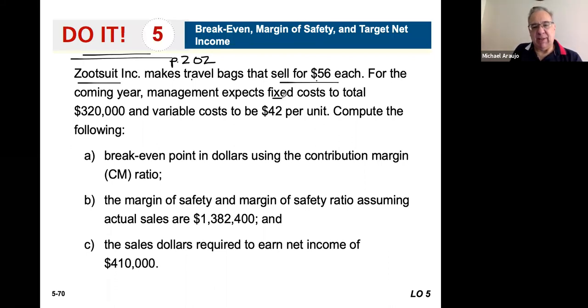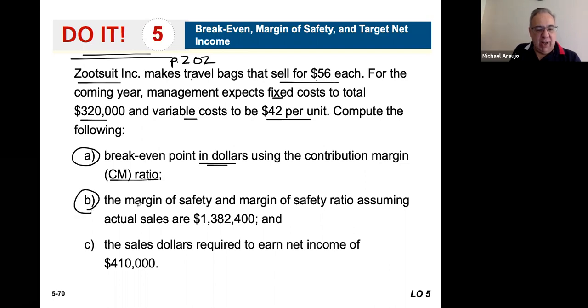Management expects the fixed costs to be $320,000. Variable costs are $42 per unit, and you can only sell it for $56. That's very, very high. So compute the following: A, what is the break-even point in dollars using the contribution margin ratio?